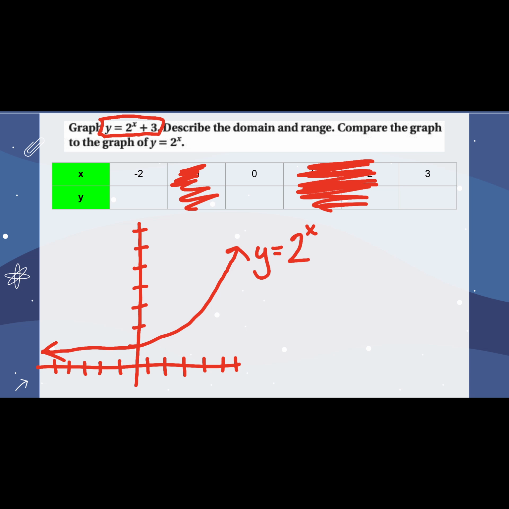Use your calculator. Don't try to do 2 to the -2 plus 3 all in your head. Well, you can if you want to, because you do know how, but punch it in your calculator.